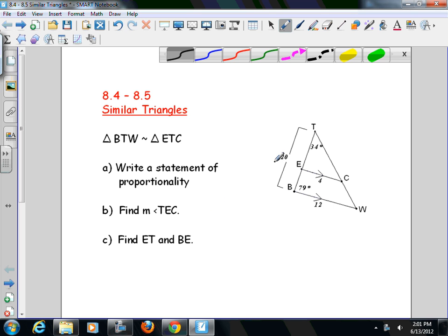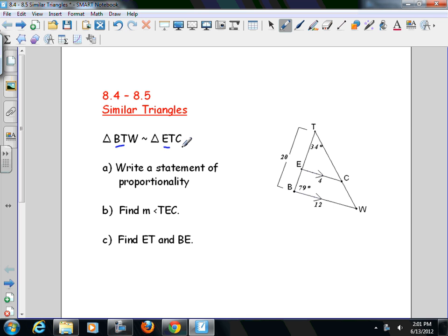I know that ET and BT correspond to each other because they're in the same corresponding positions. So I can compare ET to BT, and that should give me the same scale factor as comparing anything else in the same corresponding position. For instance, TW and TC can be compared.